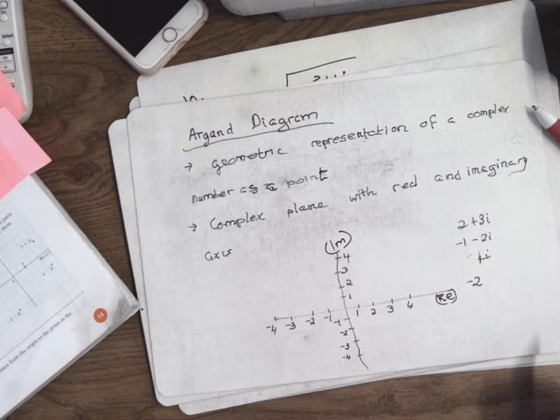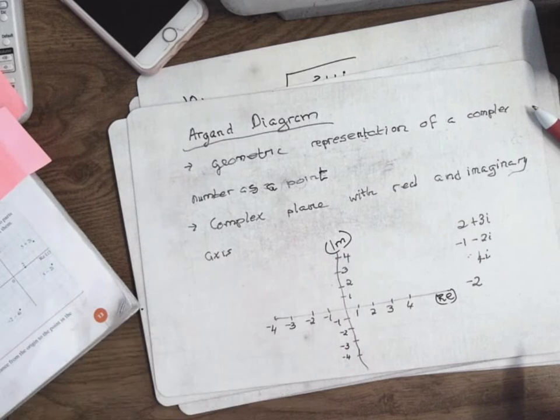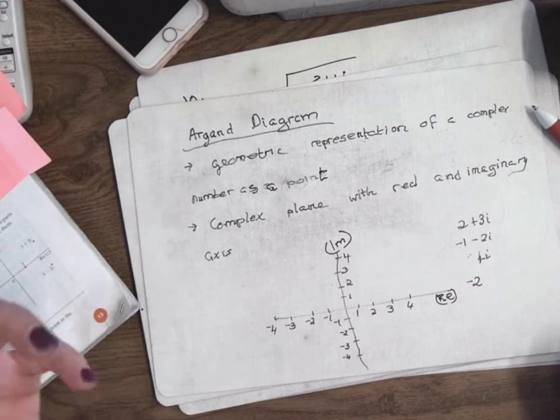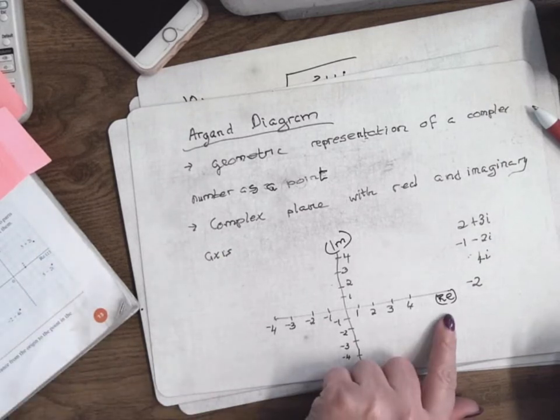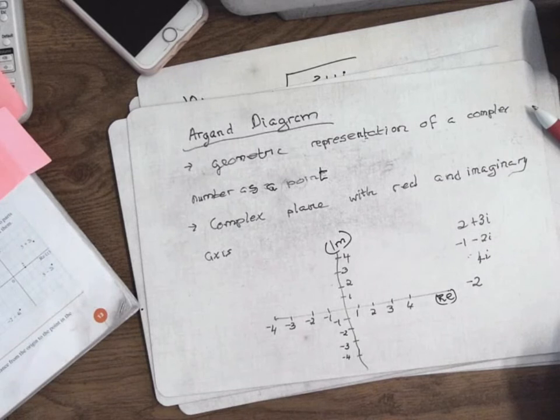Complex plane, with real and imaginary axis instead of a Cartesian plane, which is the x and y axis. So we don't have x and y anymore, we have real and imaginary. So a real axis instead of x and an imaginary axis instead of y.